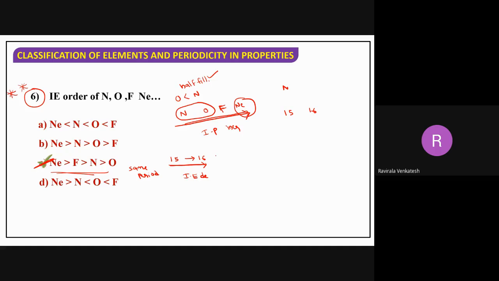After that, from 16 to 17 and 18, it again increases. This is where we get the contradiction, because of half filled configuration.